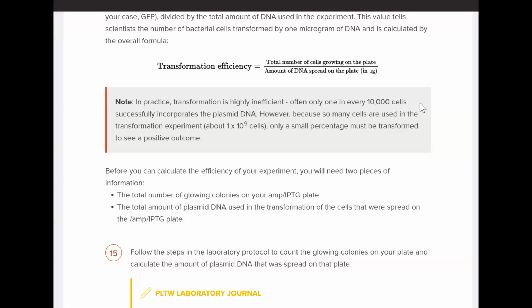The reason that we go from very hot boiling water down to cold water, or down to freezing water, I should say, for the water bath, is to allow the plasmid DNA to get into the cell and then close it back up. So only 1 in every 10,000 cells successfully incorporates the plasmid DNA. But remember, there are a billion cells. So 1 in every 10,000 for a billion is an okay efficiency.